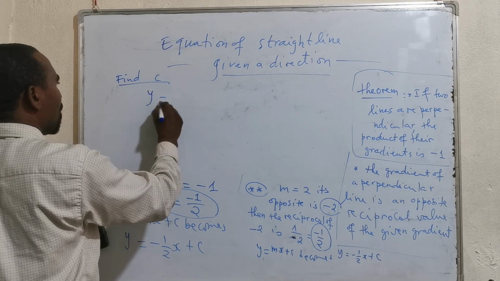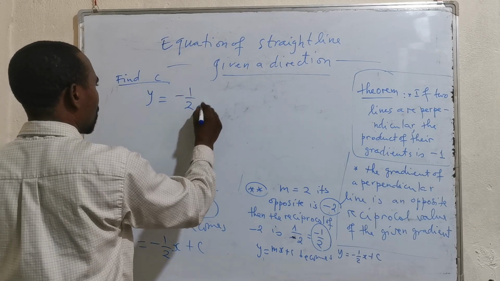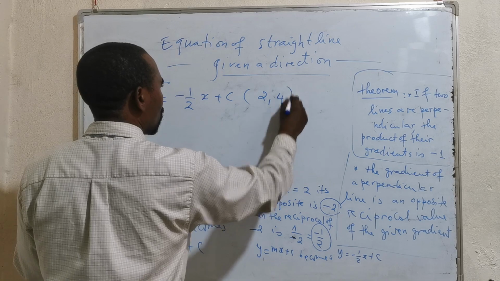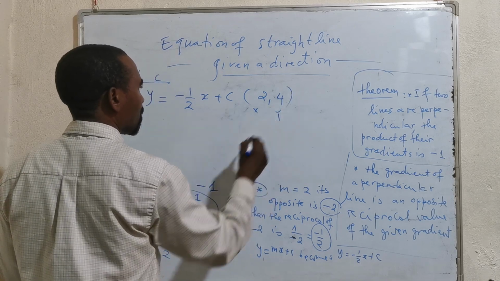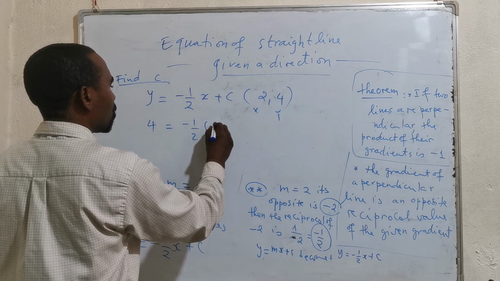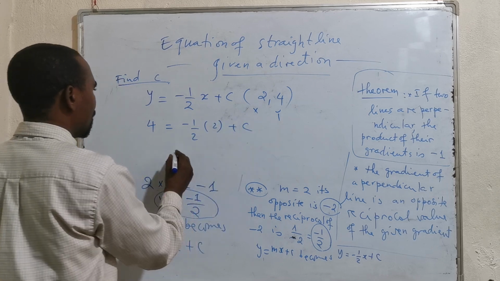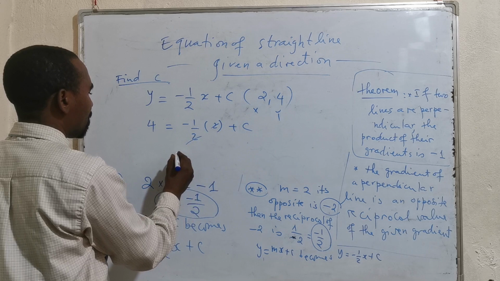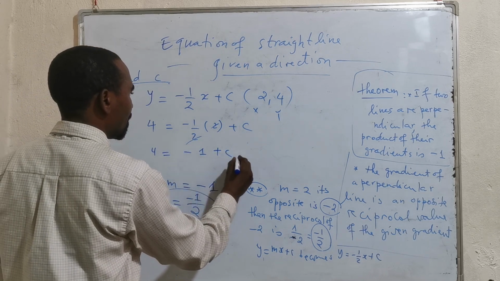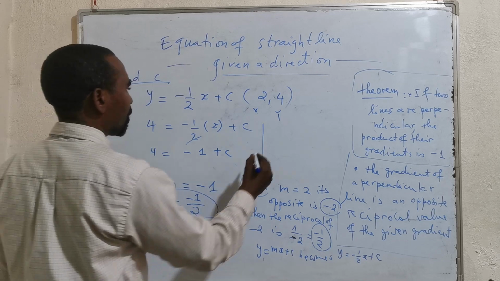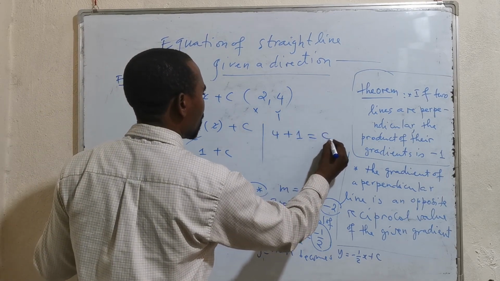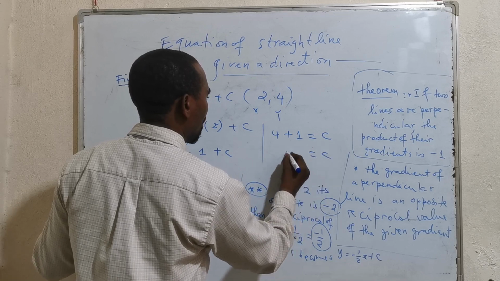We use y = -1/2 x + c. The point was (2, 4), where 2 is x and 4 is y. I replace, 4 = -1/2 times 2 plus c. I can simplify: 4 = -1 + c. Then 4 plus 1 equals c, so c is equal to 5.